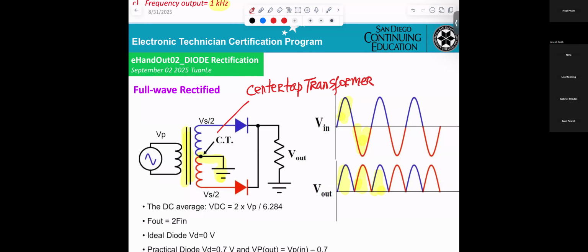Okay, center tap transformer. That means they separate, one going up here, one going down here. The DC average, VDC, equals V peak divided by 6.284.